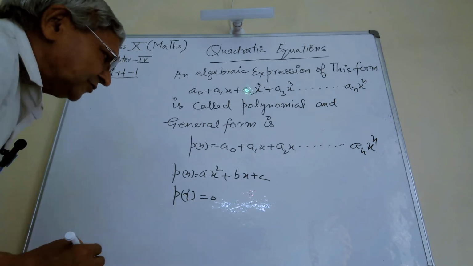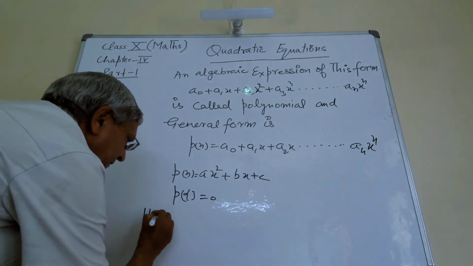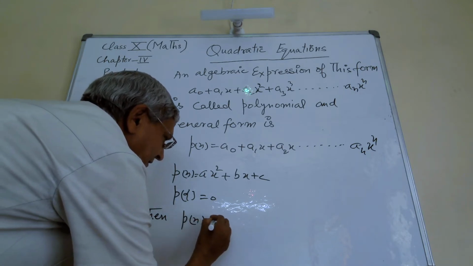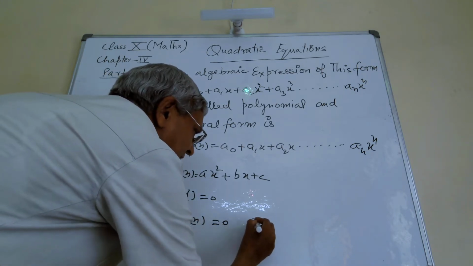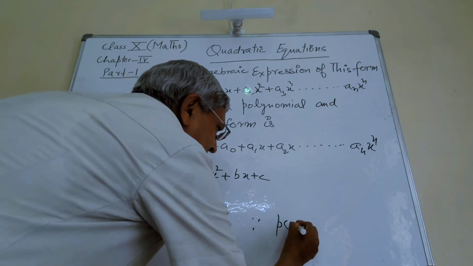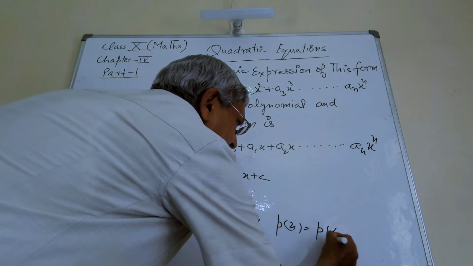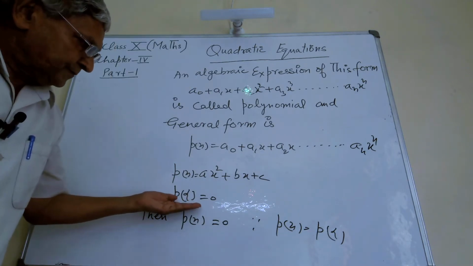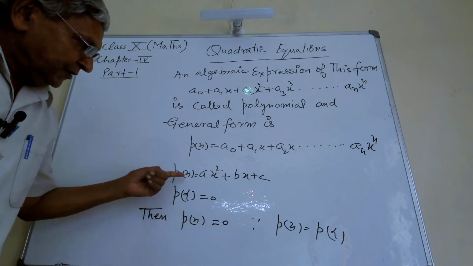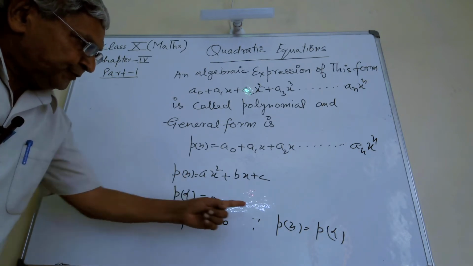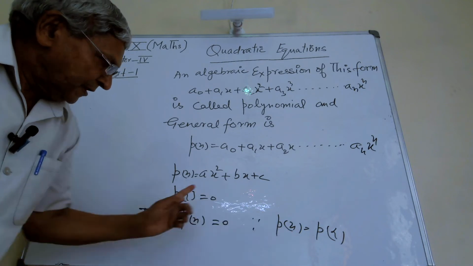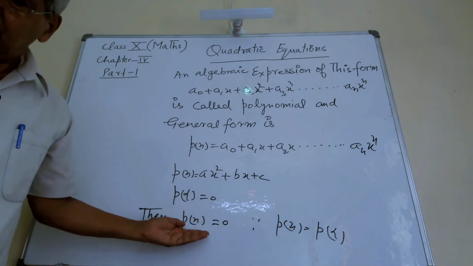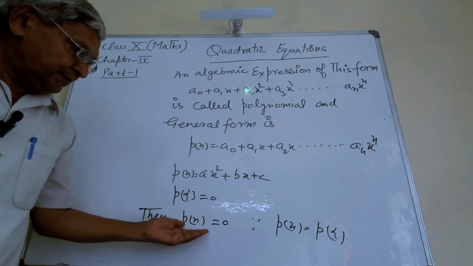If P(alpha) is equal to 0, then P(x) is equal to 0, because P(x) is equal to P(alpha). Understand my point? If P(alpha) is equal to 0 and I have put alpha in place of x, so P(x) and P(alpha) are equal. If P(alpha) is 0, then P(x) is also 0.